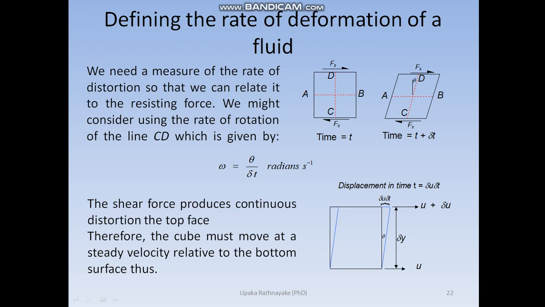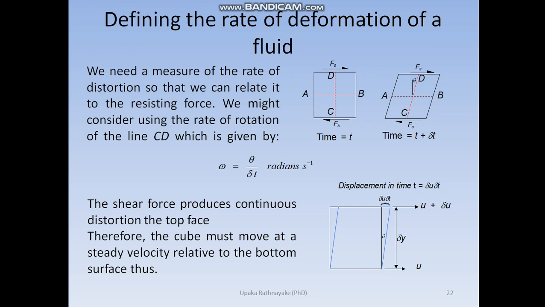If we look at the velocity diagram, we can say that the displacement of side D with respect to C is delta U into delta T. Now this is from the relative velocity concepts.